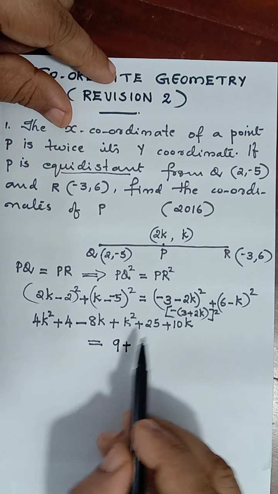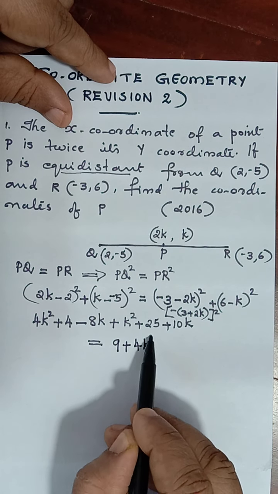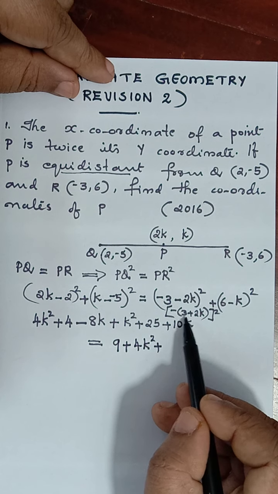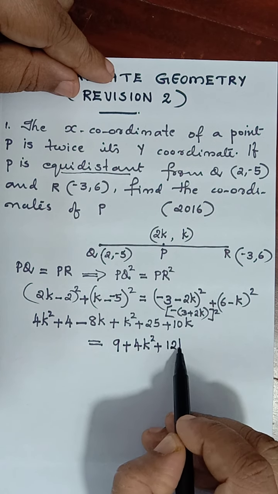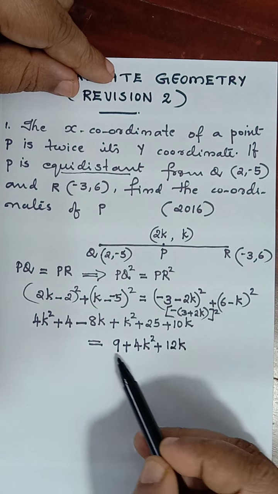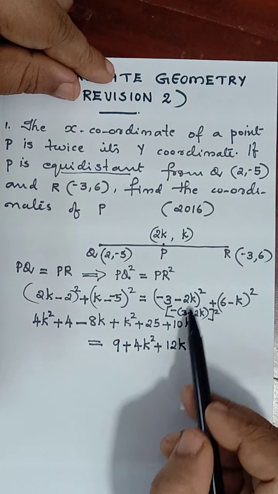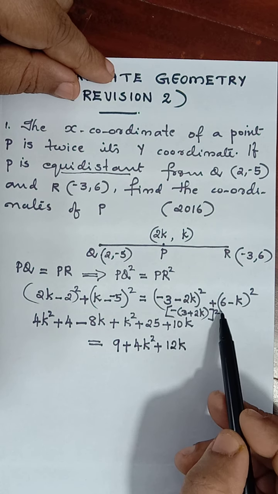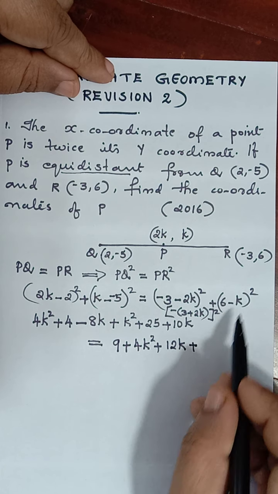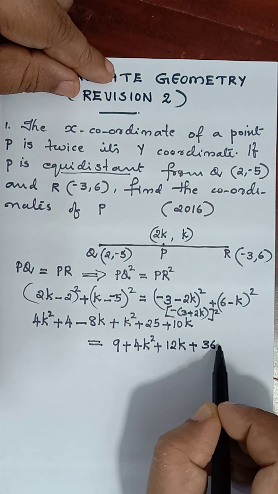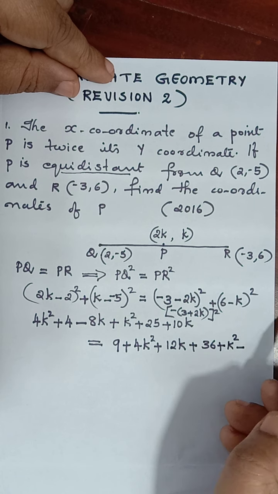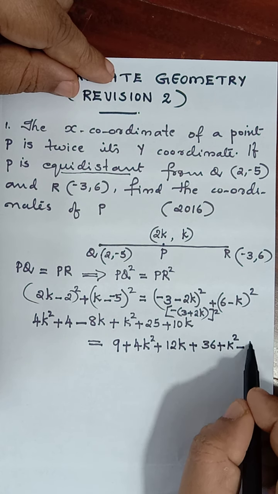B square is 2k whole square 4k square plus 2ab is 2 into 3 into 2, 2 3s are 6, 2 6s are 12k. So don't worry, when both negative comes you take positive. All this as positive because negative is taken out, whole square comes, therefore positive. Plus a minus b whole square, 6 6s are 36 plus k square minus 2ab, 2 into 6 12k.